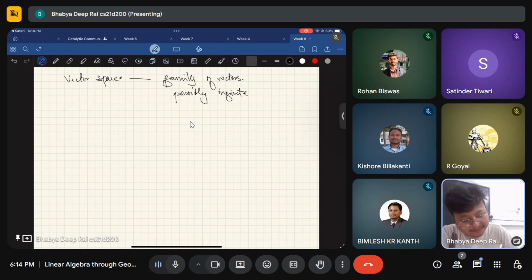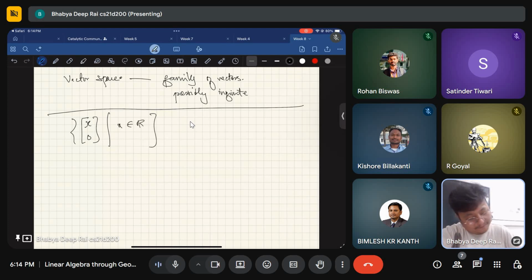For example, if I had this vector (x, 0) such that x is in reals. If I try to plot it in R square, then what do you have?